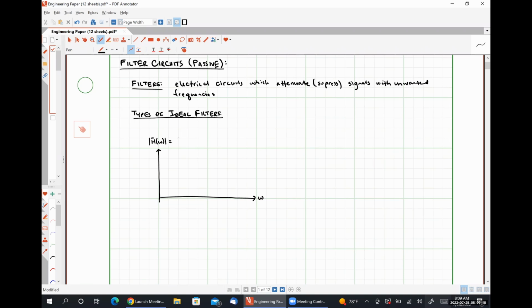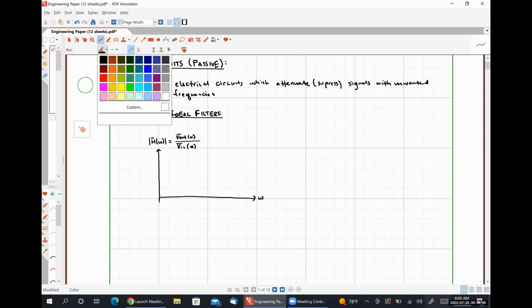And this is simply the ratio of the output phasor voltage divided by the input phasor voltage, both as functions of frequency. So the first filter that we're going to look at has a response like this.